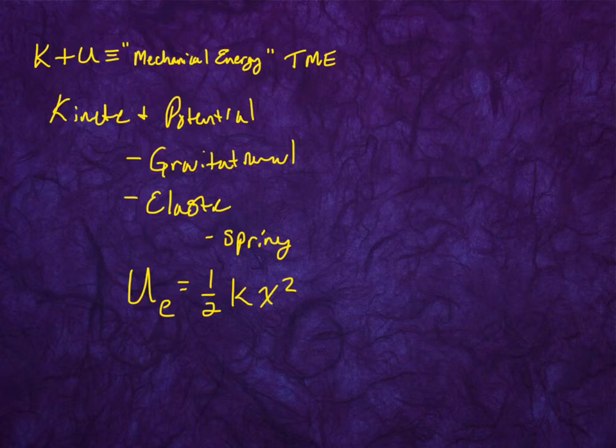You can kind of tell that one half kx squared has a familiar feel to it if you think about one half mv squared. It should make some sense to you, although this is potential, not kinetic. Okay?